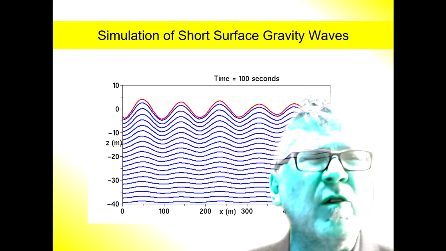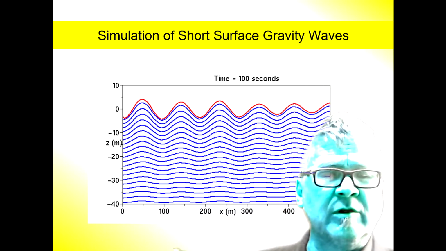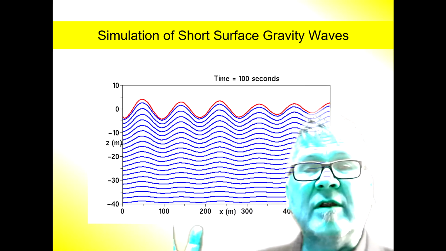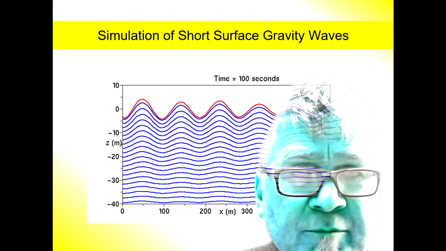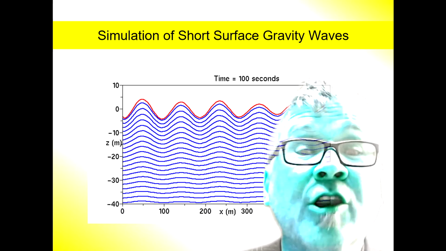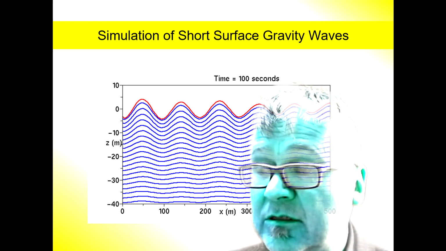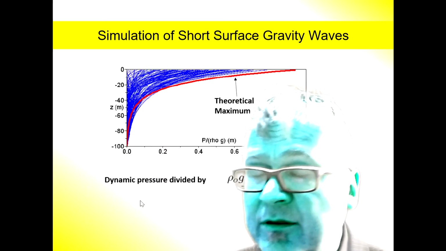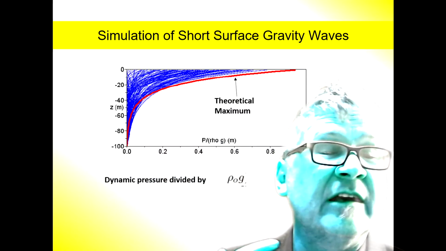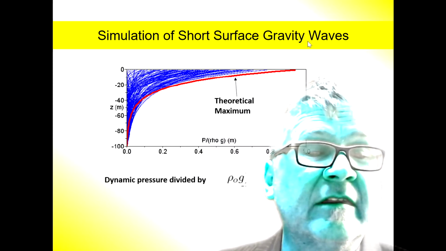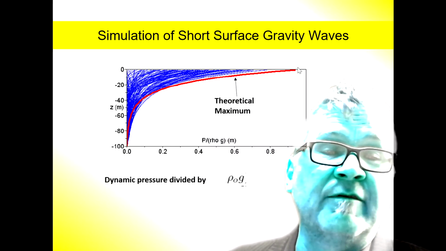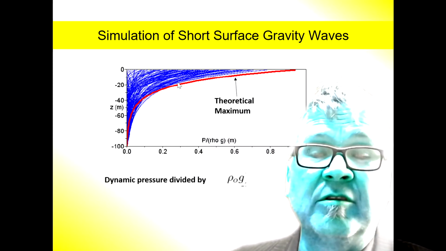That's pretty cool. But how can you verify whether the model is doing a good job? You can compare the vertical structure of pressure anomalies with the analytical solution. This is done here on the right-hand side, and I showed you that equation before. The theoretical maximum is the red curve, starting from the surface and going down to the bottom.